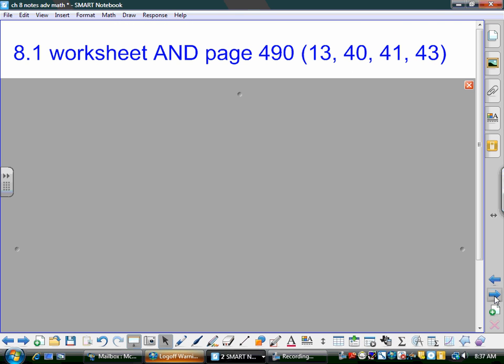The homework in this section is just a few problems out of the book, but also the worksheet that you got. It was stapled to the vocab worksheet that you did last night. I want to go through and do a couple examples from that worksheet, and for it you're going to need a protractor and a ruler.